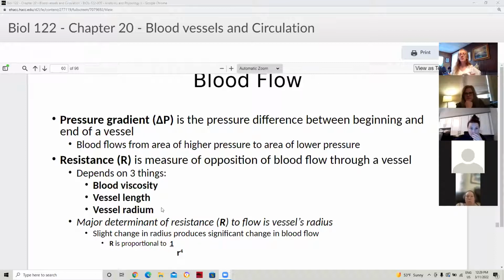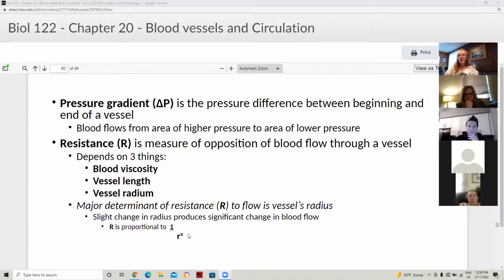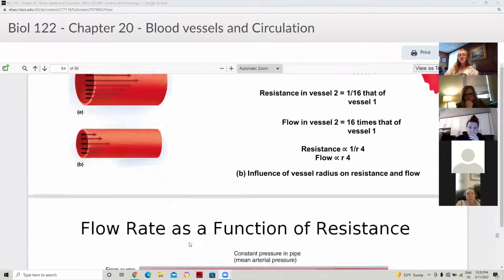Yeah, think of it as blood volume, not so much viscosity, because realize that blood volume itself is going to result in resistance.